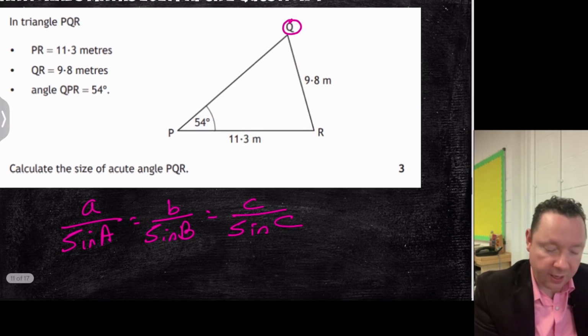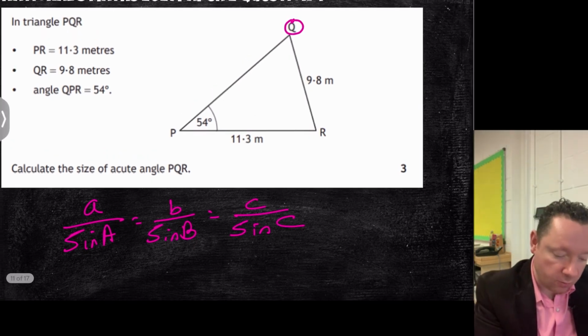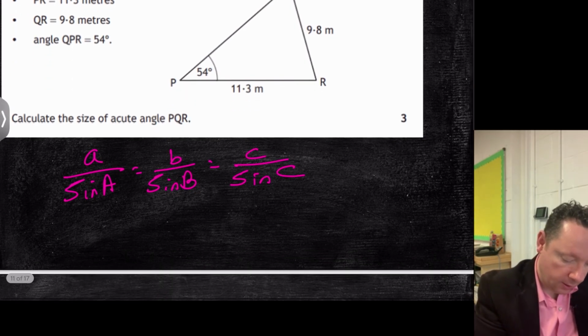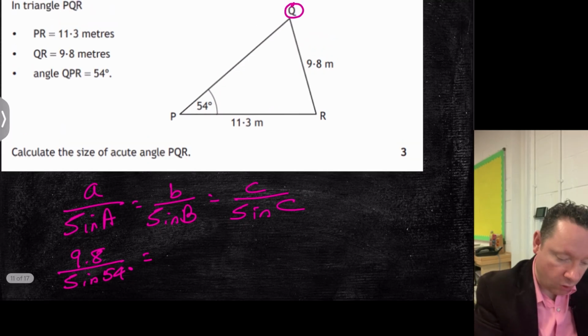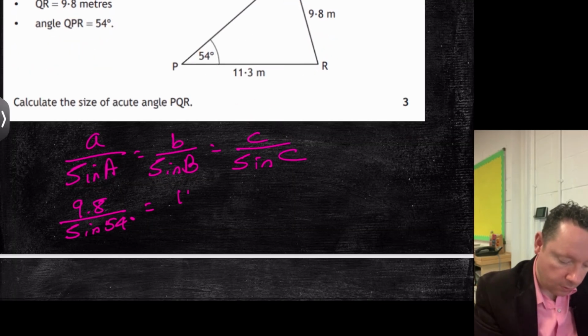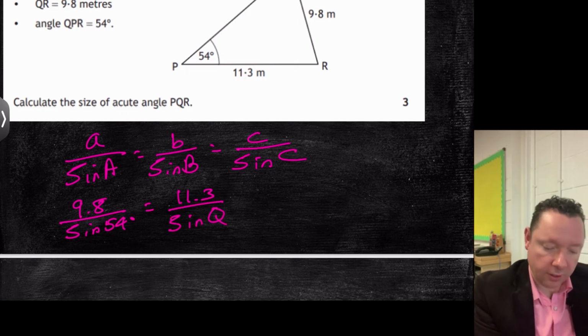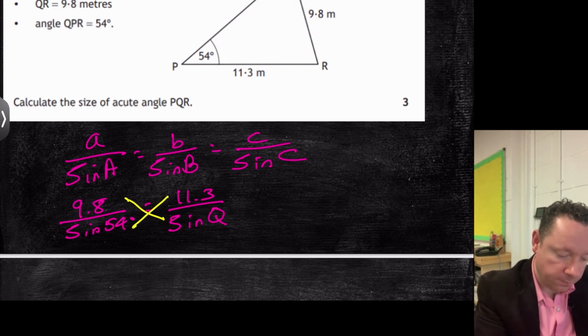And then just look for our pairs, not worrying about the letters so much. We've got this side goes with that angle, so I can just write 9.8 over sine 54. And then the other pair we've got is 11.3 over sine Q. So rearranging this, top times bottom equals top times bottom.